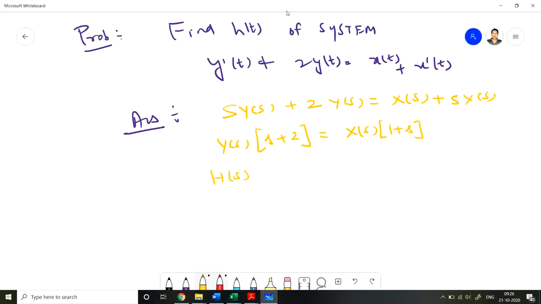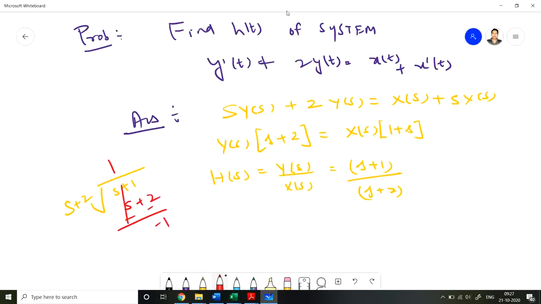So the transfer function H(s) equals Y(s) divided by X(s), which equals (s plus 1) divided by (s plus 2). Now we can find the division: multiplying by 1, we get s plus 2, so it is minus 1. So it is nothing but 1 minus 1 divided by (s plus 2).